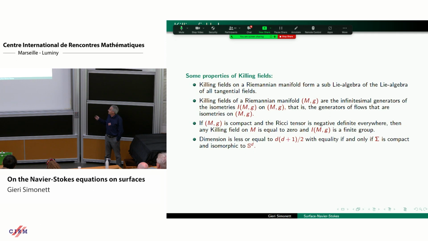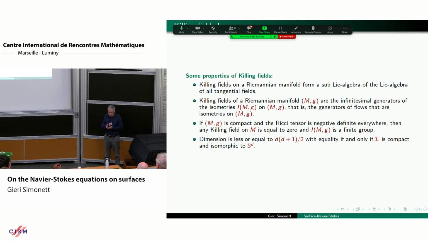If you take a sphere in three-dimensional space, then D would be 2, and the dimension would be exactly three. So now that we know that a sphere supports Killing fields or equilibria, you can think about what they could be.